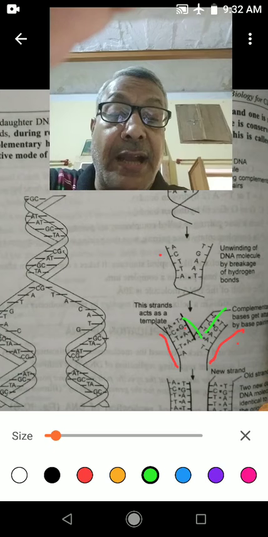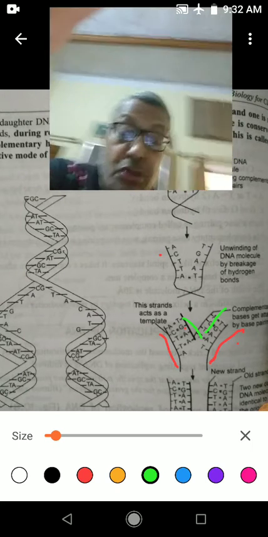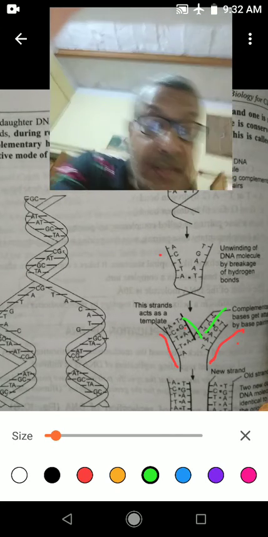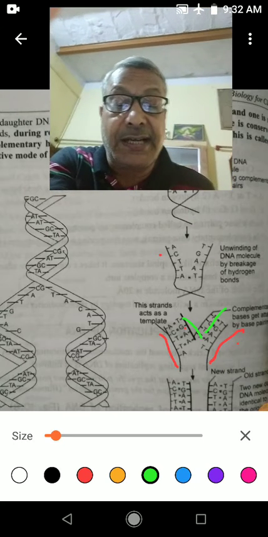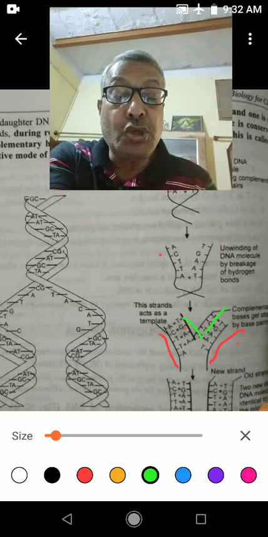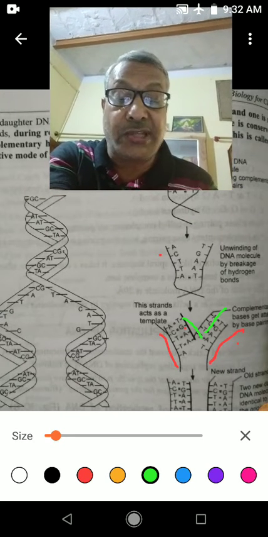So the base in the template decides the complementary base to be present in the new strand.